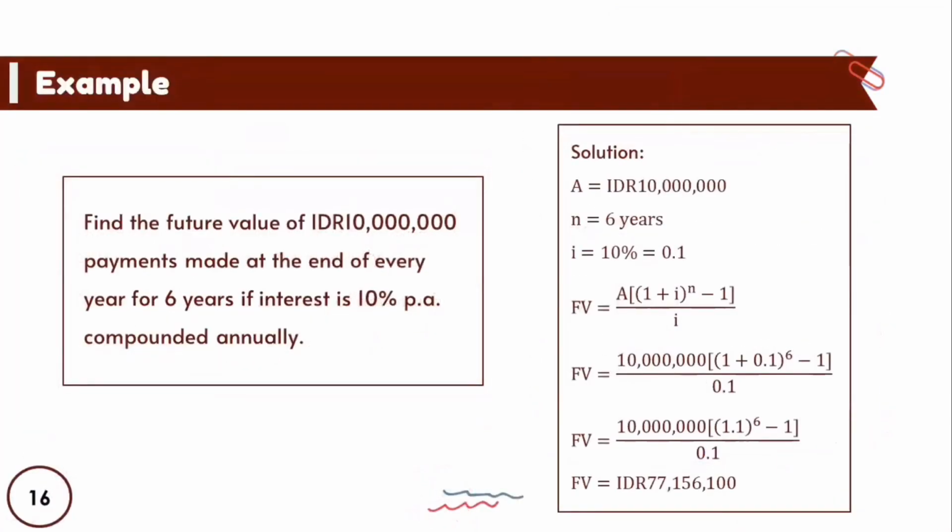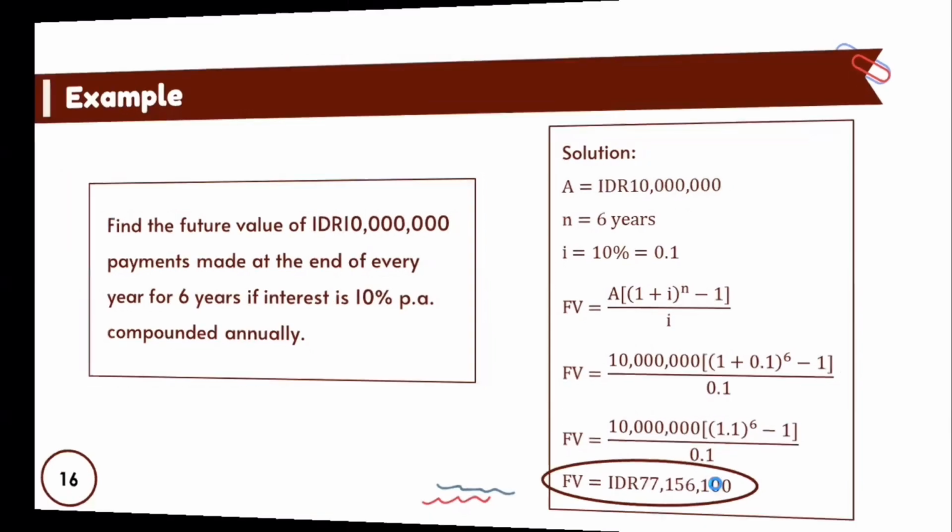So this is the example to find the future value. So we have to substitute this information to the formula. So we get F3 is 77,156,100 Indonesian rupiah.